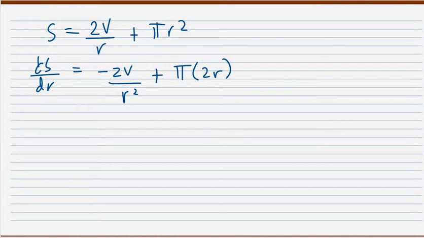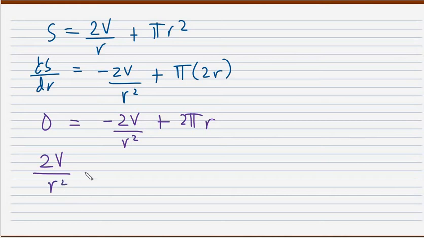Then let's equate our first derivative to 0. So 0 is equal to negative 2V over r squared plus 2 pi r, and then 2V over r squared is equal to 2 pi r.